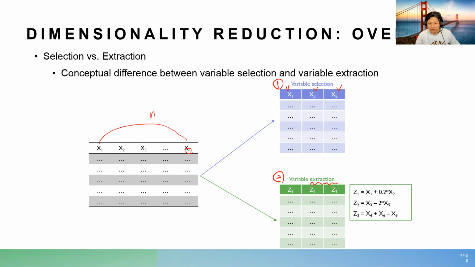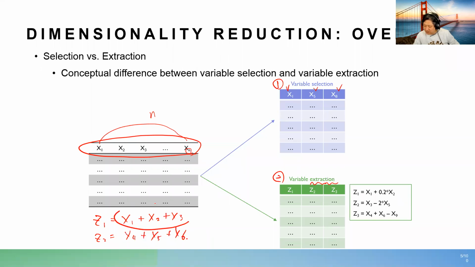So for example, using all variables, we can create one component: X1 is x2 plus x3, or z2 is x4 plus x5 plus x6. So using the linear combination of variables, we create a new component. That is a variable extraction method.